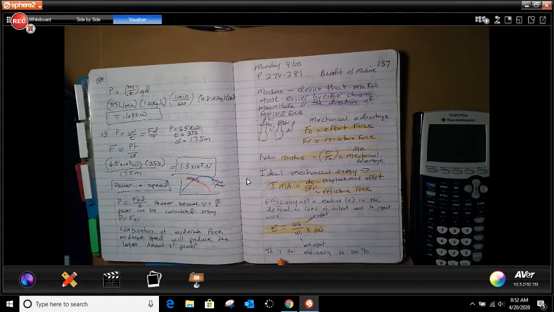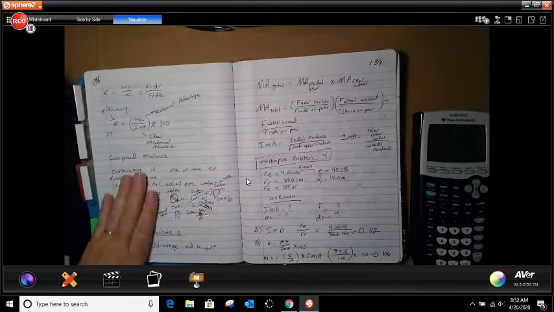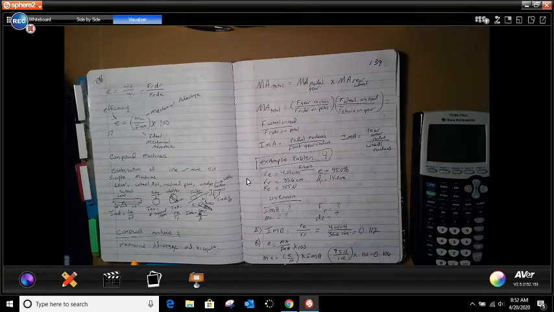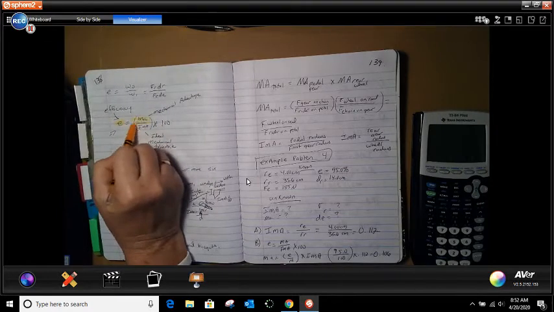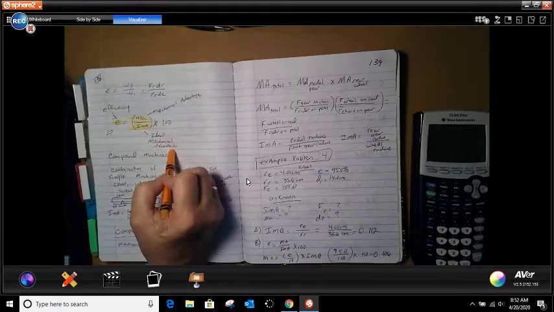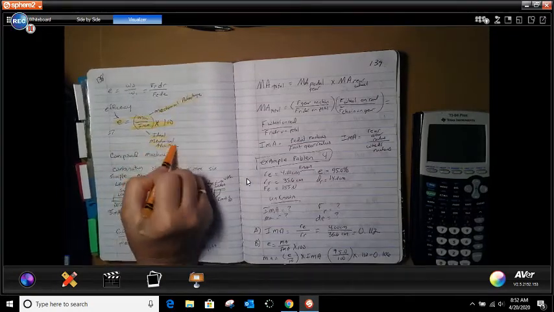If 1 is equal to this number, then it is 100%. Then it gave us another one about efficiency: mechanical advantage over ideal mechanical advantage times 100. So that is also another one.